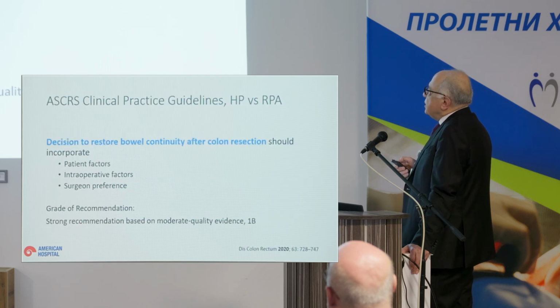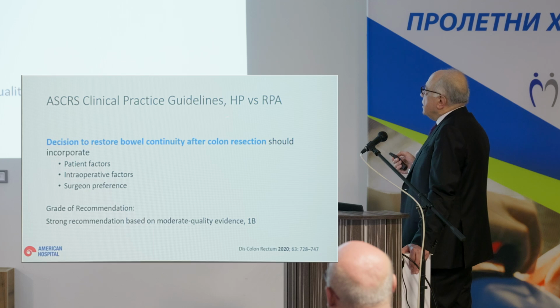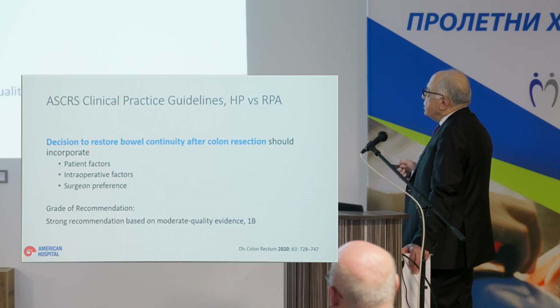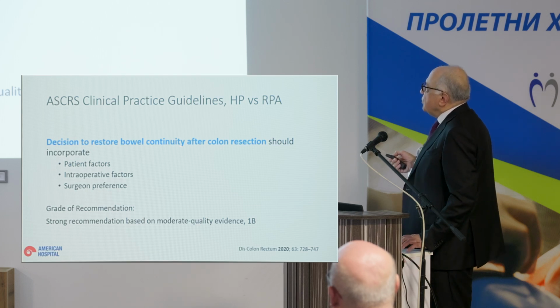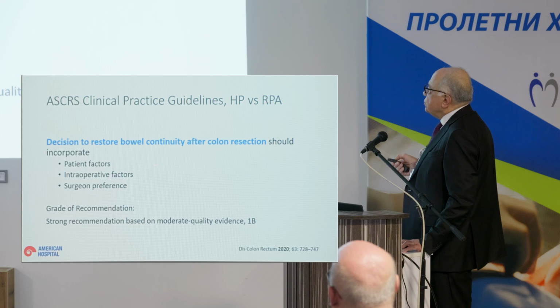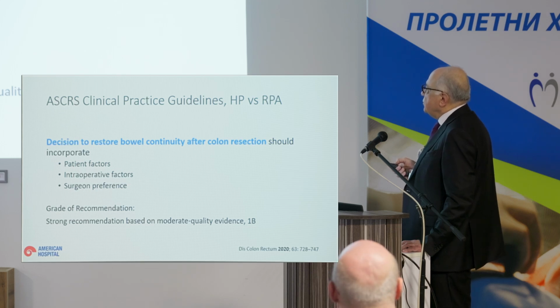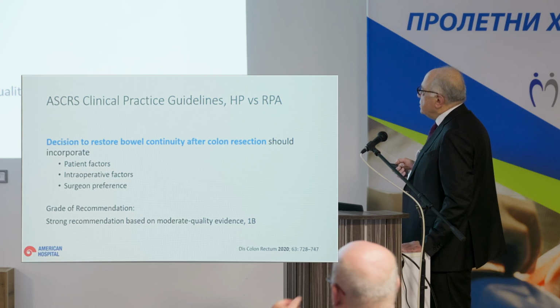Again, when we look at the ASCRS clinical practice guidelines comparing Hartmann versus resection and primary anastomosis, the decision to restore bowel continuity after colon resection should incorporate patient factors, which is very important, and intraoperative factors, such as whether the peritonitis is low or high.